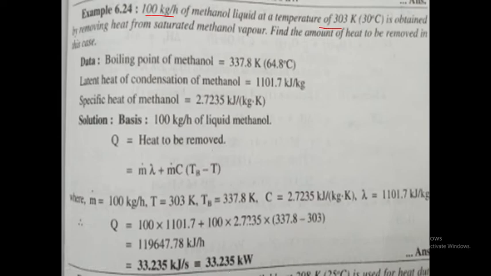Data: boiling point of methanol 337.8 Kelvin, latent heat of condensation of methanol 1101.7 kilojoule per kg, specific heat of methanol 2.7235 kilojoule per kg Kelvin.